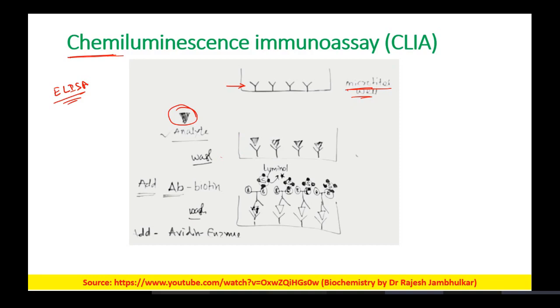Then what happens? Then we add the antibody biotin complex. This is the secondary antibody which is being added, and with that we have the biotin. So these biotin molecules are attached over the analytes, and now they become immobilized over there.